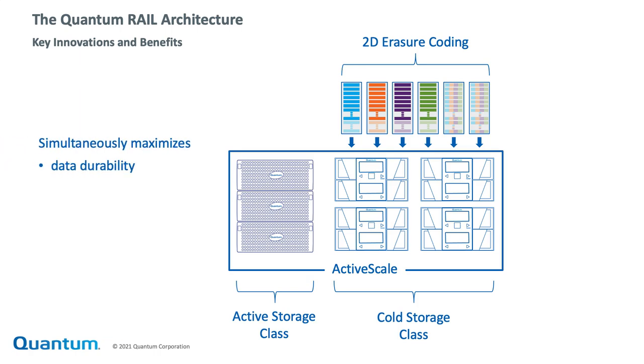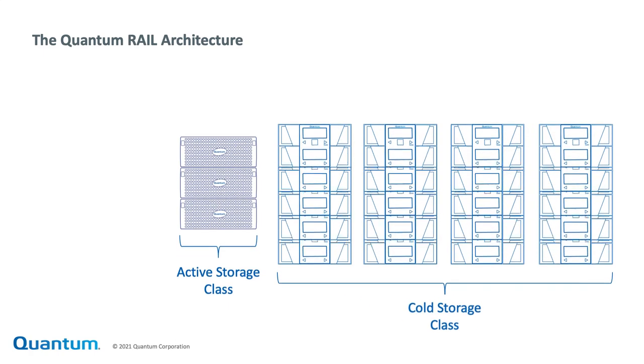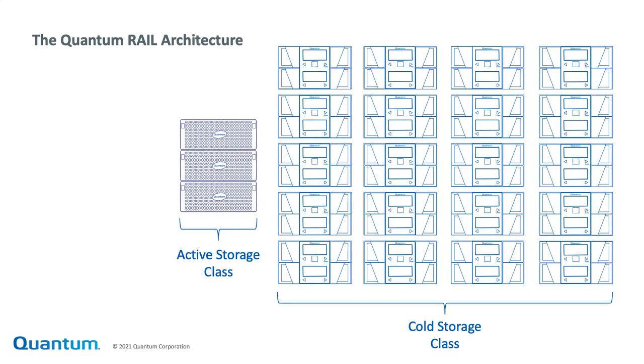And what that does is simultaneously maximize data durability, data access performance, and storage efficiency. And Rail does not need to be big. You can start with as few as 2 libraries, and grow the array very large with no upper limit on the number of libraries in the array.